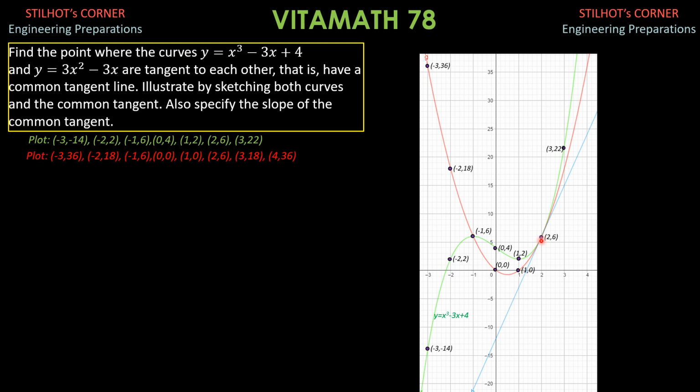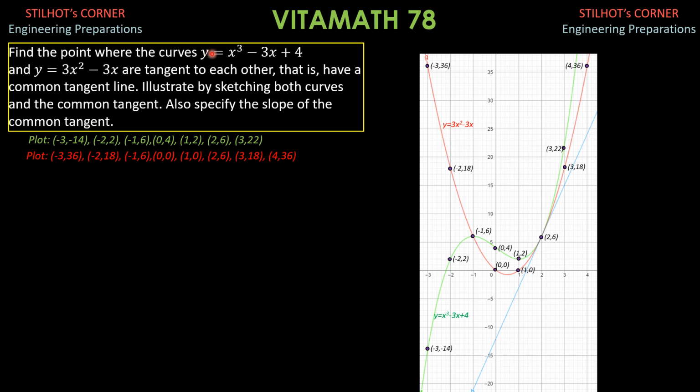Then we have 3 comma 18 here, and finally 4 comma 36. So that's it, and the equation of the curve, let's specify y equals 3x squared minus 3x.